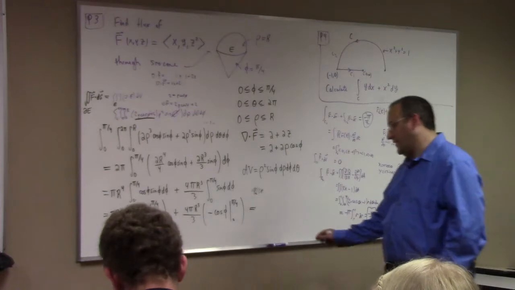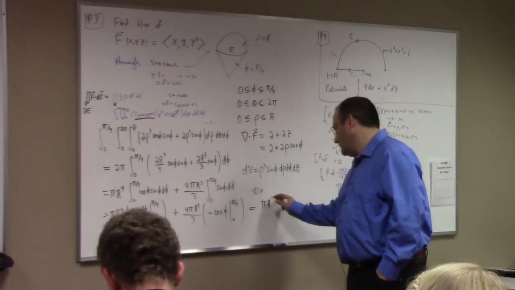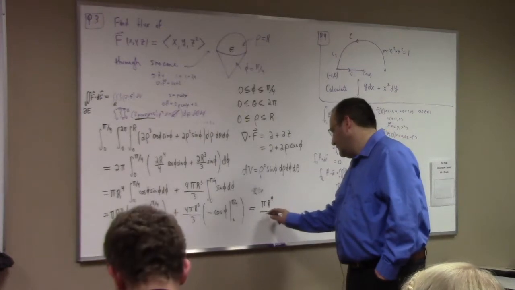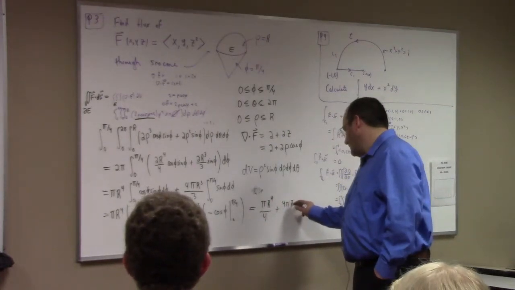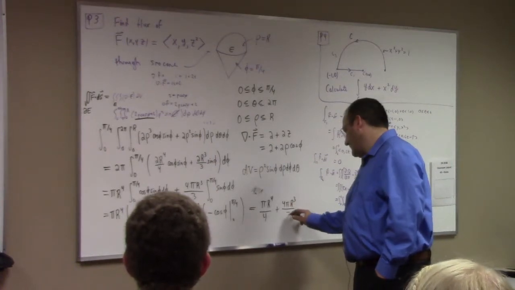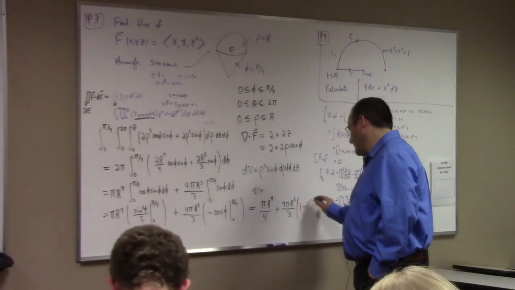So the first term is pi r to the fourth over 4, I believe. And then plus 4 pi r cubed over 3 times 1 minus 1 over the square root of 2.